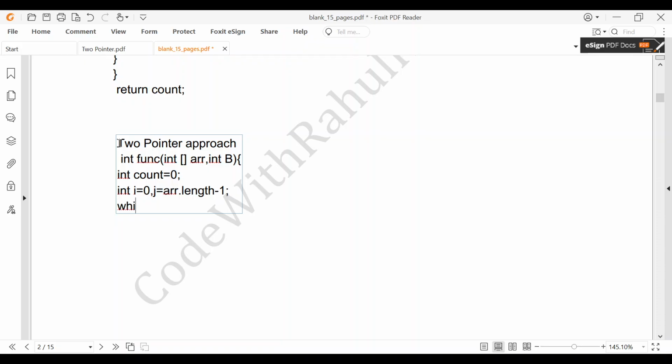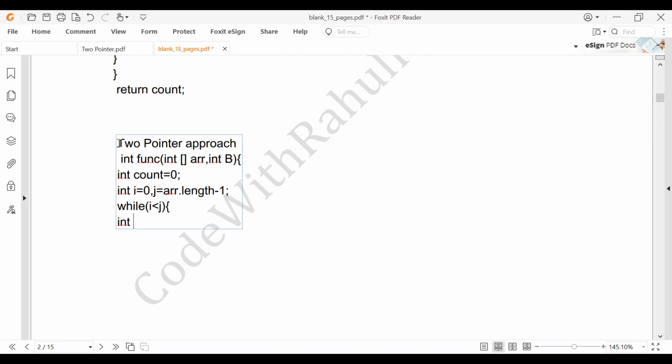So yes, we are going to traverse in a loop where i is less than j only. Whenever i is greater than j, the loop will be completed. Okay.